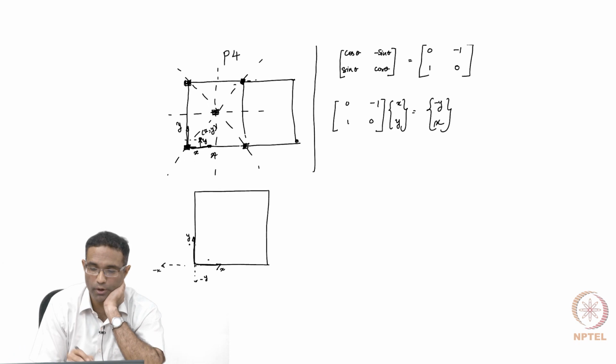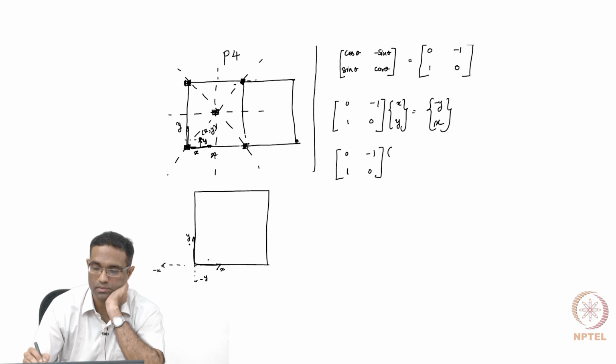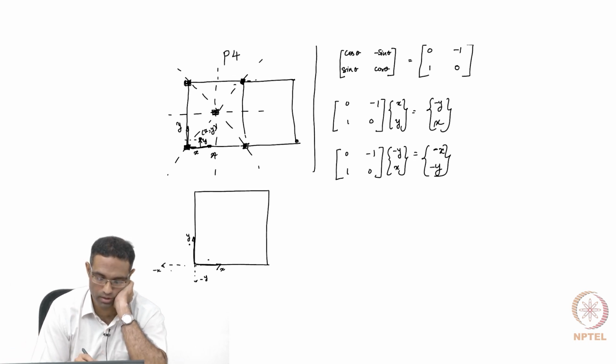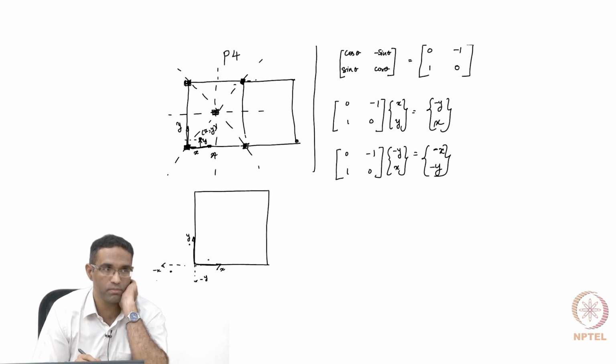If I now perform the same operation once again on this, what do I get? Minus x, minus y. So there is correspondingly a point somewhere here, and I apply the same fourfold rotation to this, I get a point somewhere, like a square.